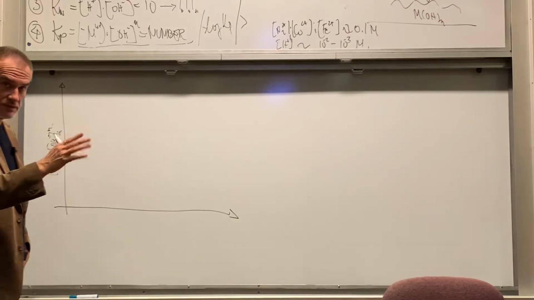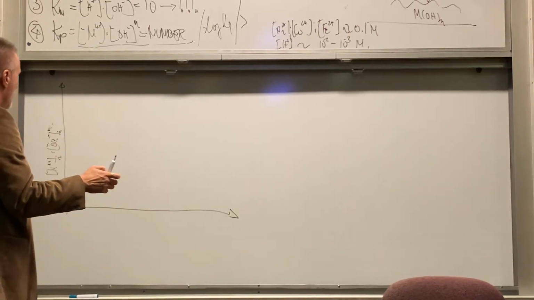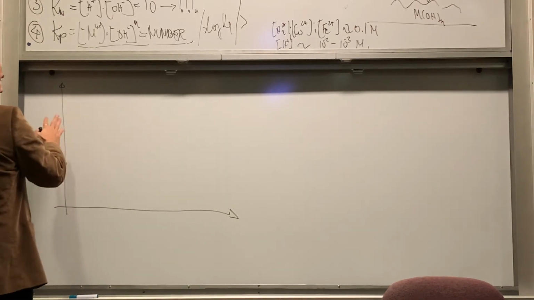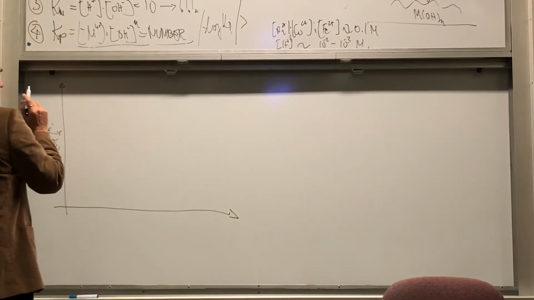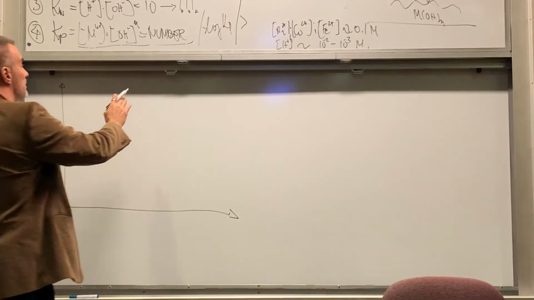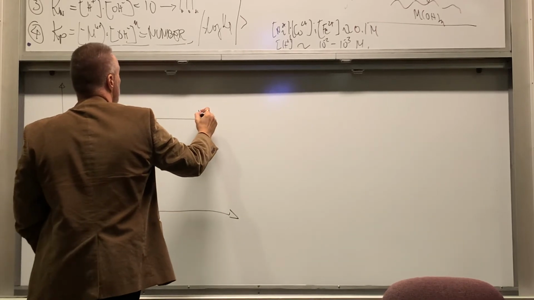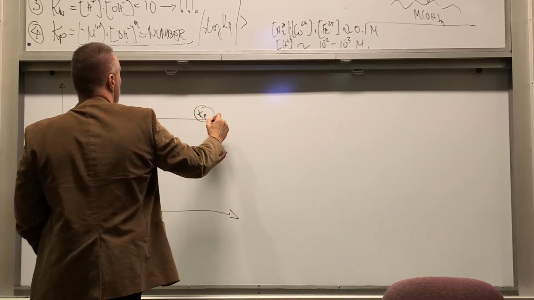I'm going to write them as we discuss, because that's the caveat of the whole lecture. This thing here, the product of solubility, is a constant number. It doesn't depend on anything. It's Kp, right?